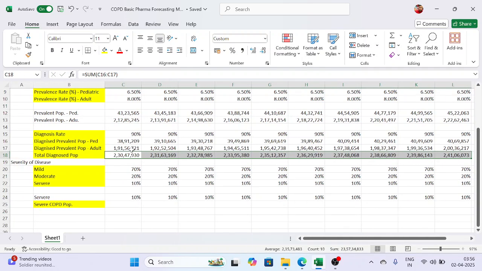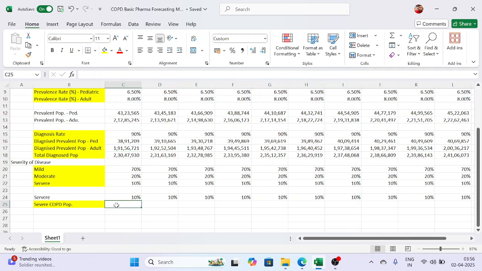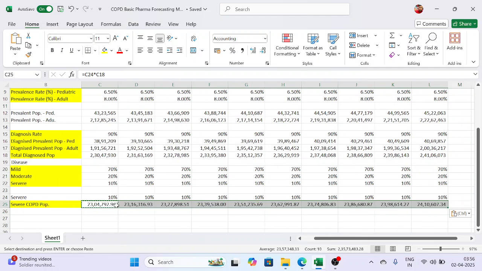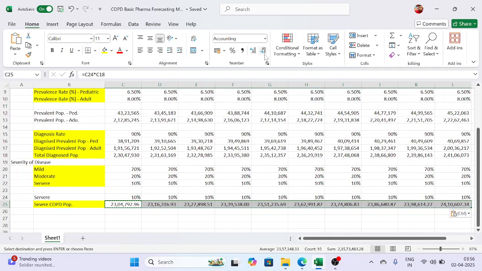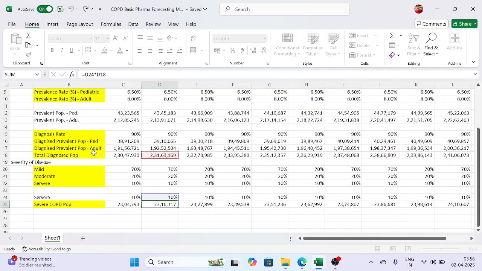From the total diagnosed population you multiply with severe cases. So this is your number on which you are going to do further calculations.